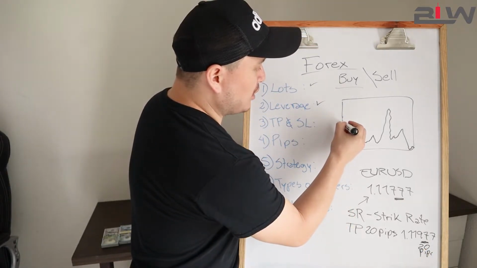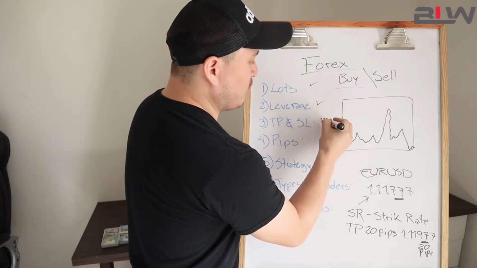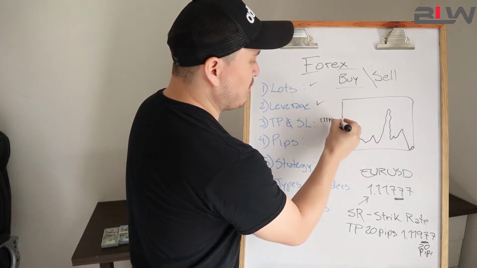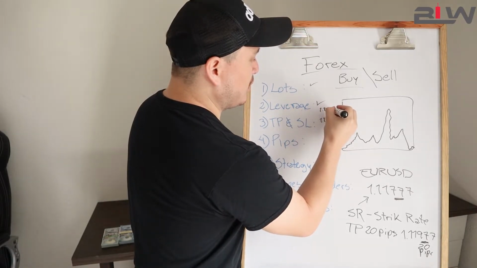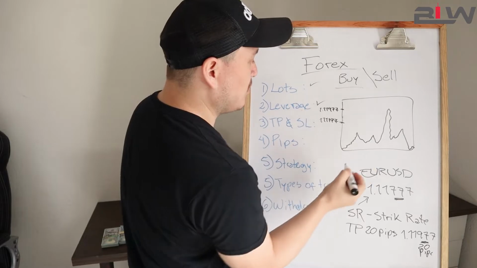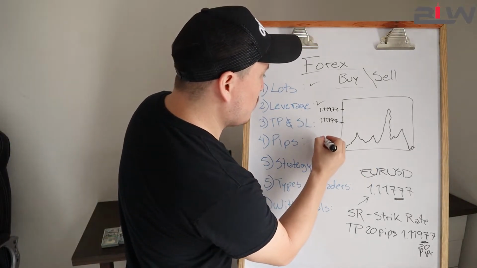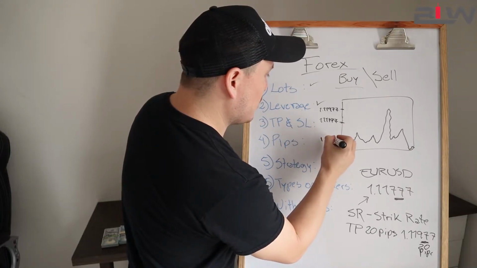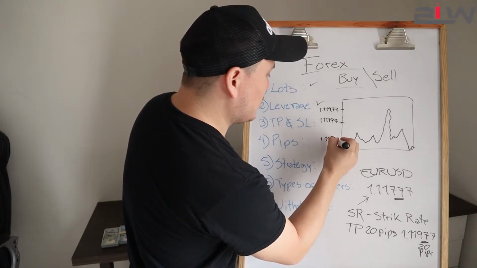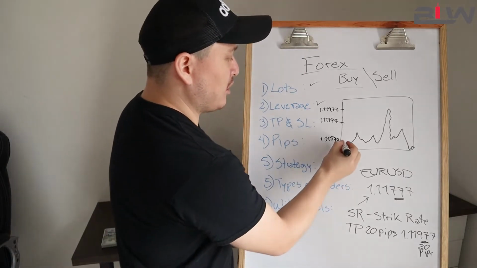So if you enter right here, this is 1.11777, and let's say that 111.97.7 is right here, and let's say that 1157, which is 20 pips less, is right here.